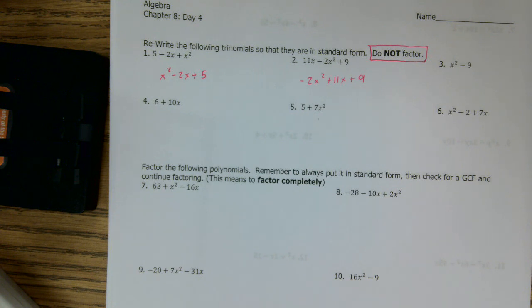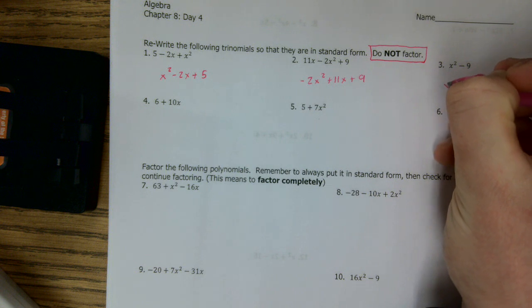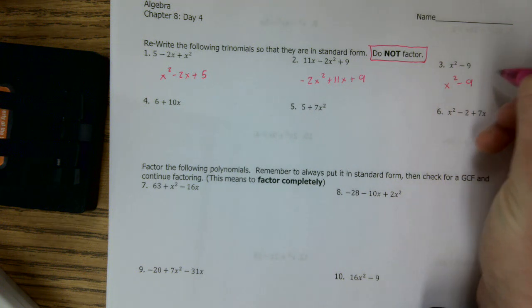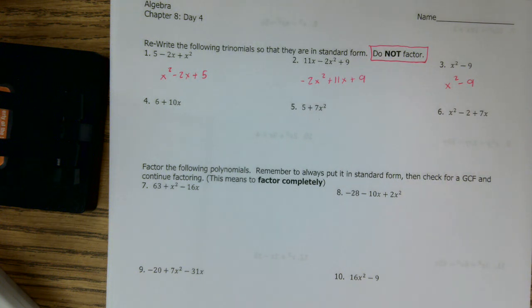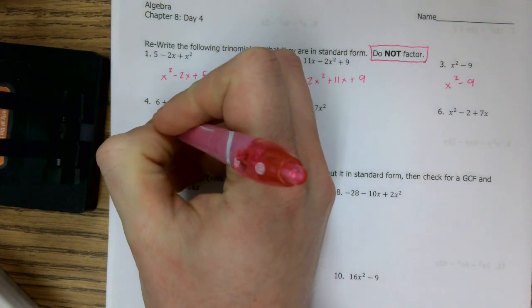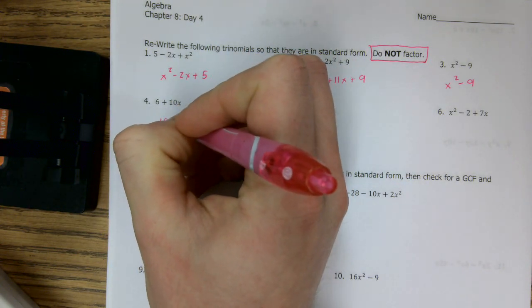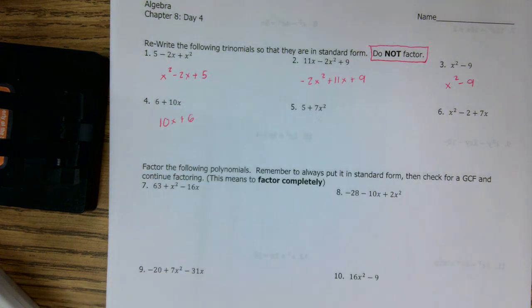All right, and then number 3, x squared minus 9, is already in standard form. So x squared minus 9. Number 4, we just have to do a little swapping. So 6 plus 10x becomes 10x plus 6.